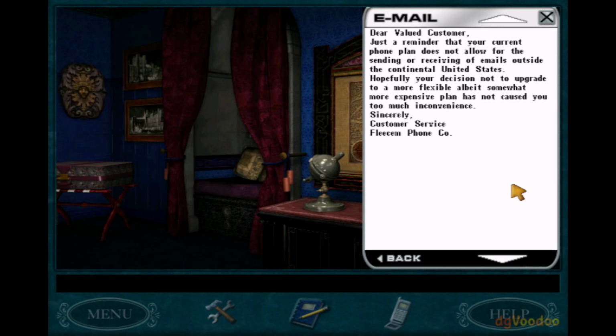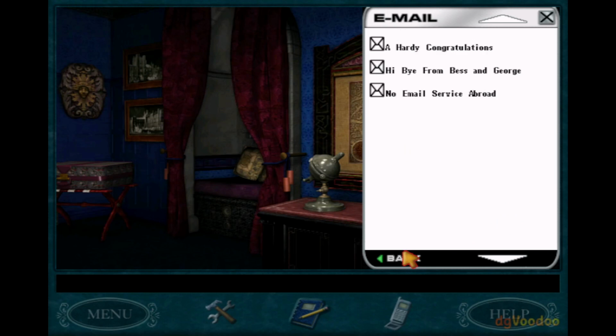Hopefully your decision not to upgrade to a more flexible, albeit somewhat more expensive plan has not caused you too much inconvenience. Sincerely, customer service. Please, phone company. Okay.